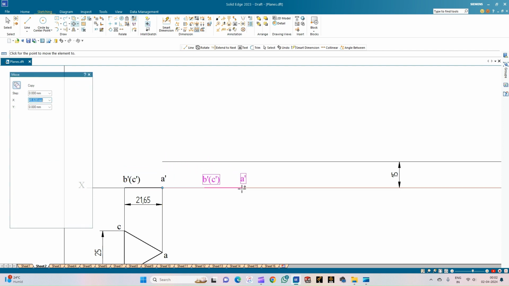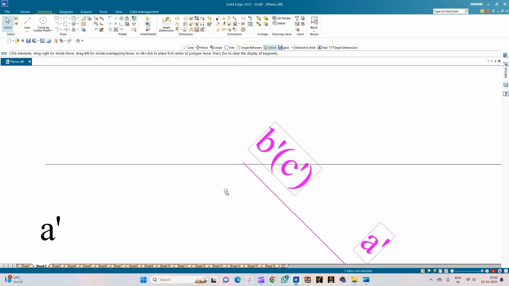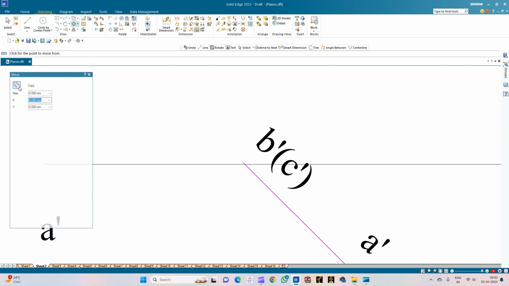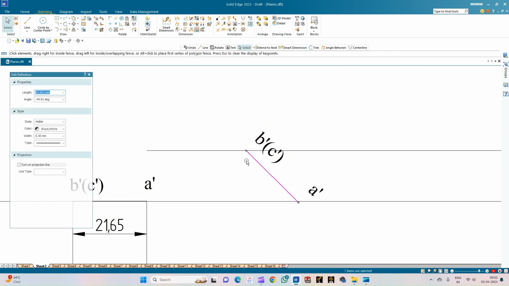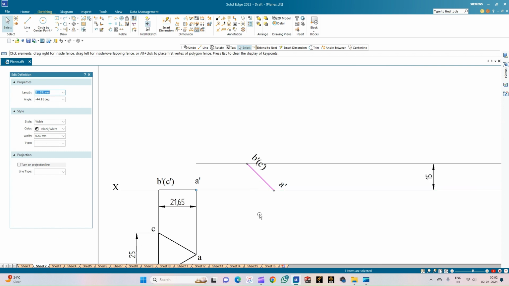Keeping point A as the reference, I will move it to one side of the XY line, and then using the rotate option, keeping the first point of rotation as A and the second point of rotation as B, I'll sweep this so that the end point is lying on the offset line. We can see that it is cutting the line which is at a height of 15 mm.